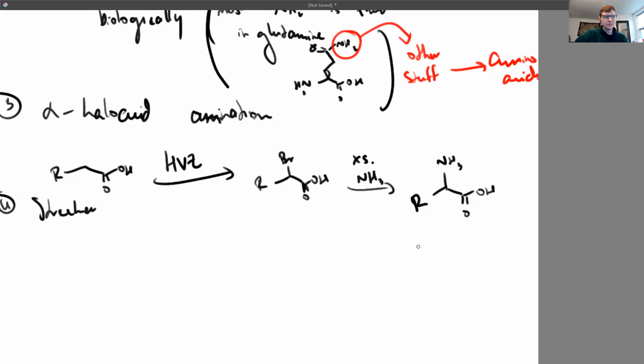So, yeah, that works pretty nicely. This should be an NH2, right? Yeah, this is another good way to do it. It does require that you have this carbon here, but that's one thing.